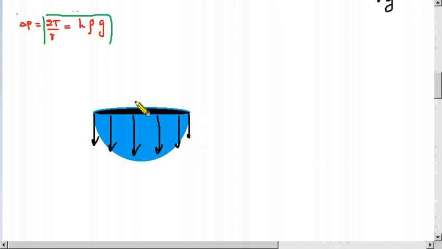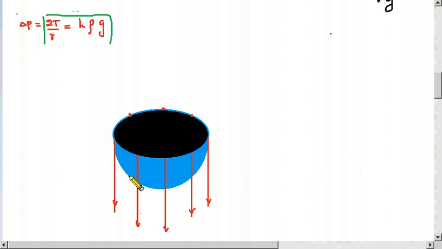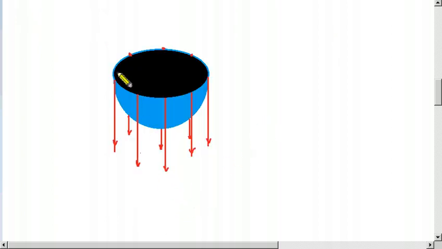So around this perimeter there are these forces, around the circle, the perimeter. From the other side these forces are coming down. So the length of this perimeter is 2 pi r, that is the length.